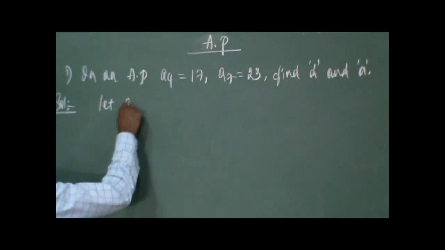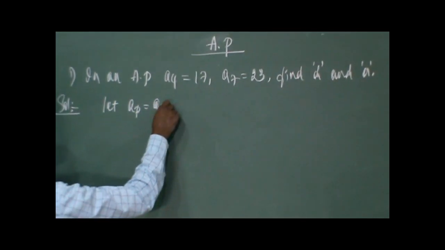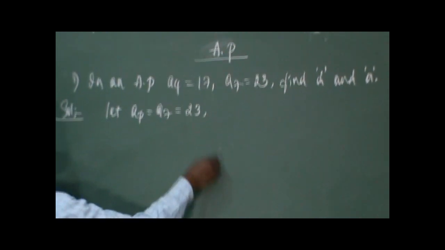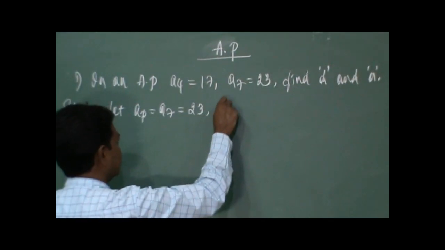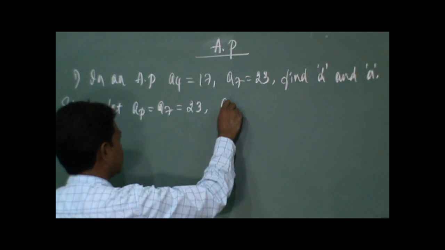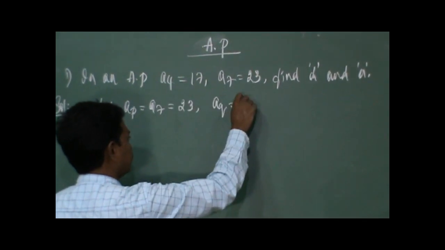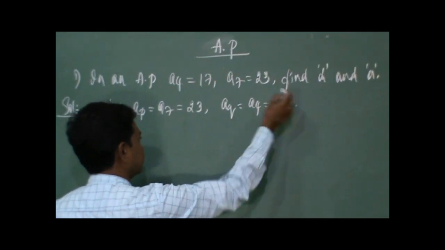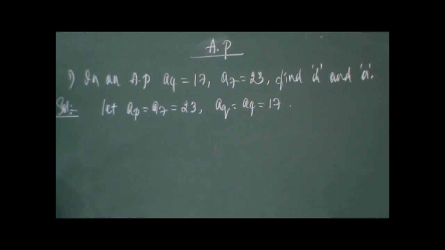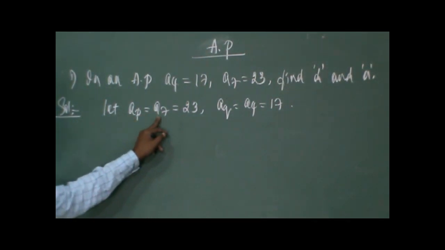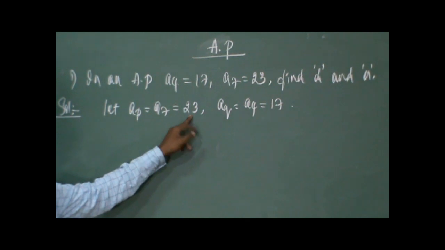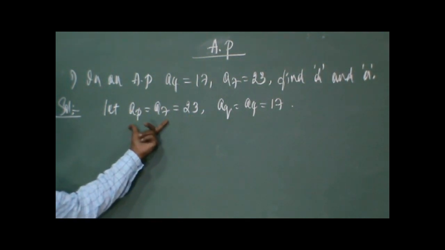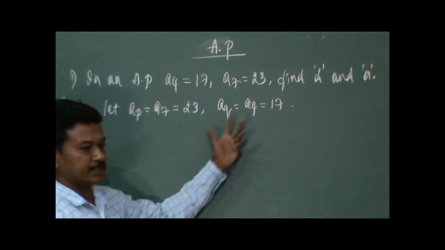Let AP is equal to A7 is equal to 23. Similarly, let AQ is equal to A4 is equal to 17. This is very important. The biggest you have considered for AP, the smaller one we have taken as AQ.